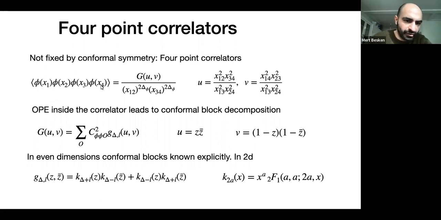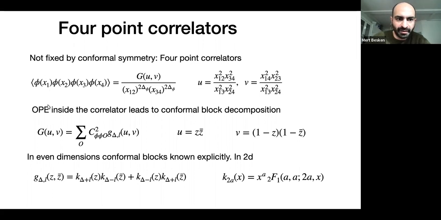So the idea then is to use the OPE. Now I'm just focusing on identical scalar operators, which I called phi. This is an example of OPEs we had in the previous slide. Using the OPE inside the correlator, let's say we do this S-channel OPE, which means we are using these cross ratios u and v here.